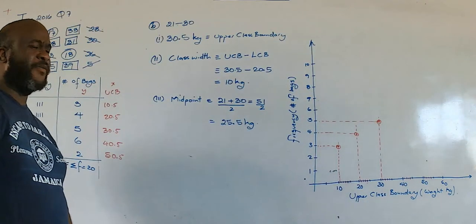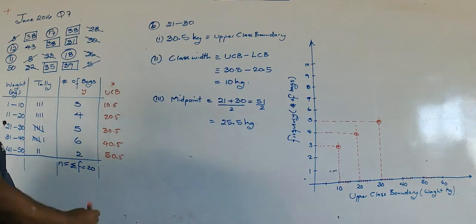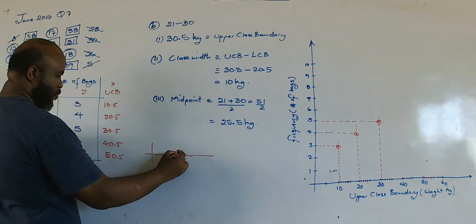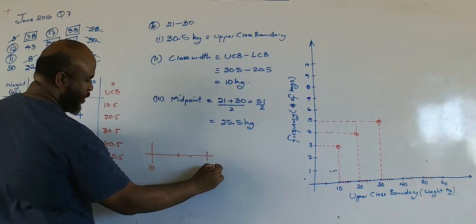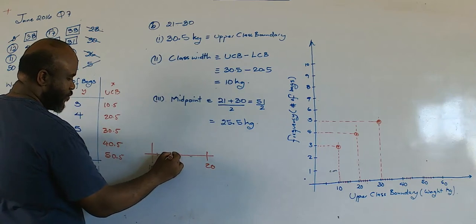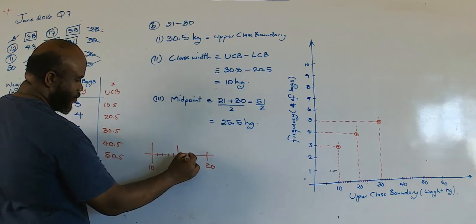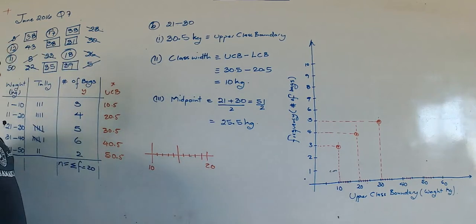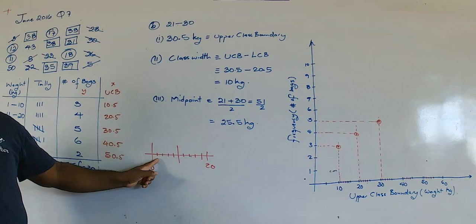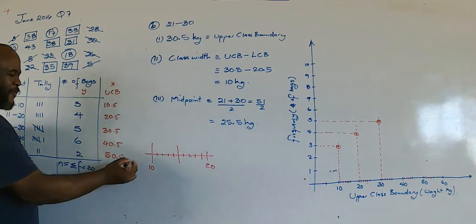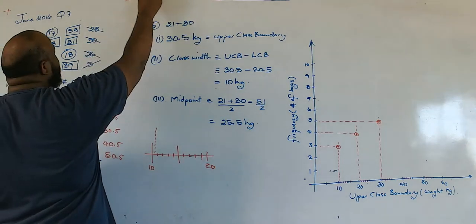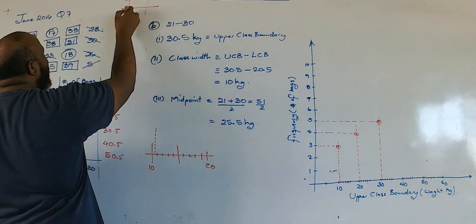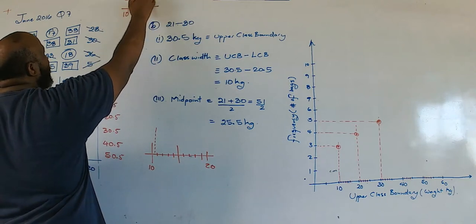This is 10, and this is 20. Watch. This is 10. Immediately after 10 is 11. 10.5 is going to be between 10 and 11. So if this is 10 and this is 11, 10.5 will be here.